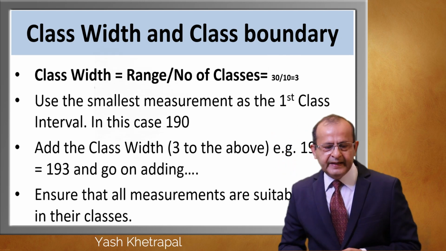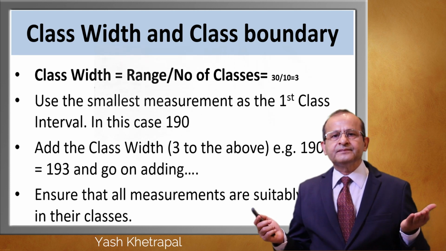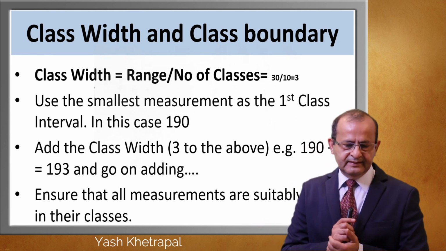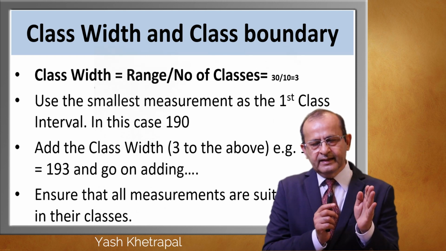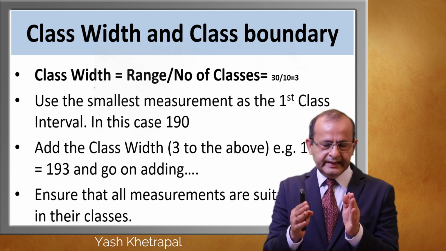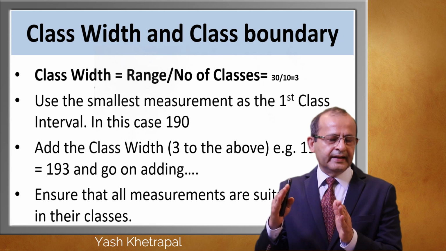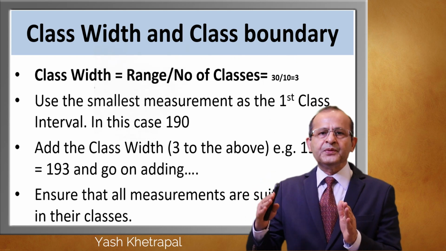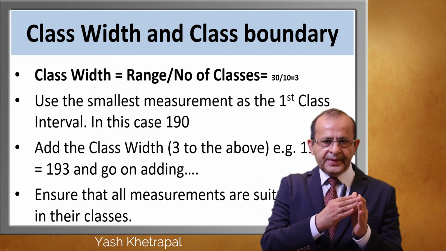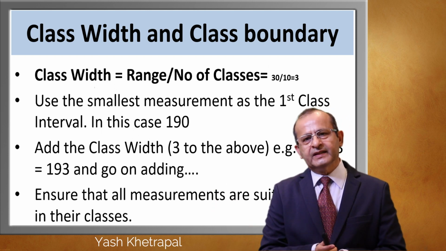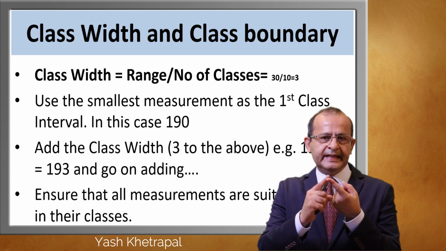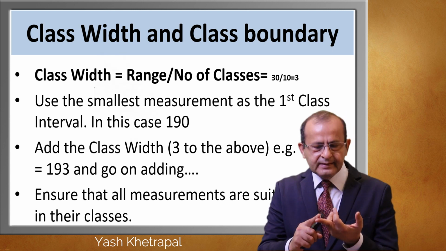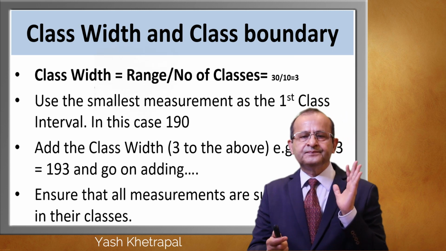So 30 divided by 10 is 3. My class width is 3. That means I start with 190. The next class intervals will be 193, 196, 199, 202, 205, like that. An arithmetical progression (AP) series.